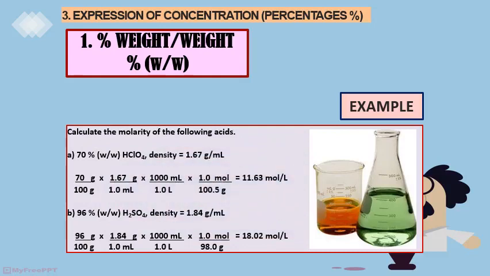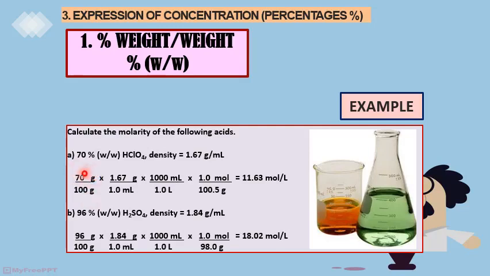Look at the question. Calculate the molarity of the following acid. A, 70% weight per weight perchloric acid, given density 1.67 gram per ml. So what does 70% weight per weight mean? It is 70 gram of solute per 100 gram of sample. In order to calculate molarity, we must have the solute in terms of mole and the sample in terms of volume or liter.